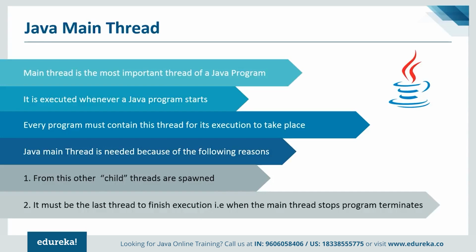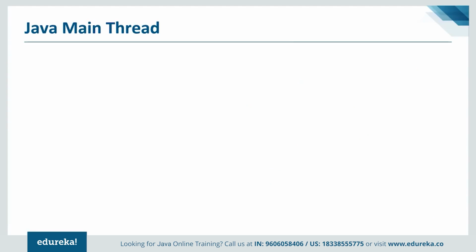Every program will have this main thread, and the Java main thread is needed so that we can spawn child threads. We can create child threads and start them. You have seen that we created my task and started my task, right? It must be the last thread to finish execution. That is, the main thread stops the program; it terminates the program. So when your main thread is finished, it is basically a termination of your application itself, right?